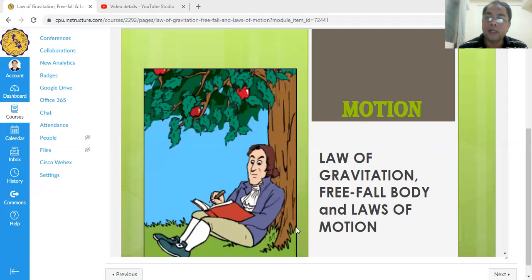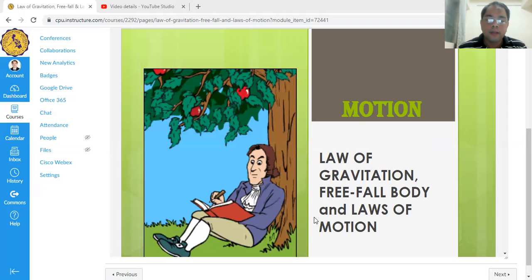So here is a topic on motion, which is again taking up these three topics, which is part of our lesson. We understand that this guy sitting here is the famous Sir Isaac Newton.